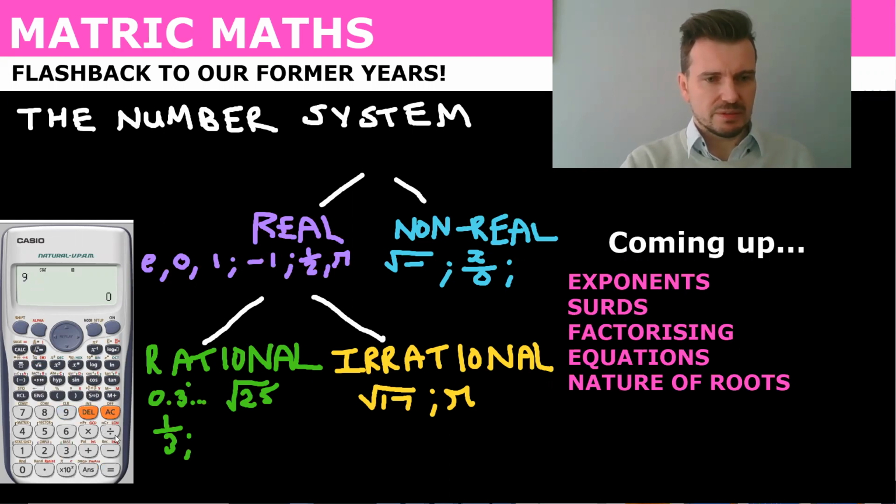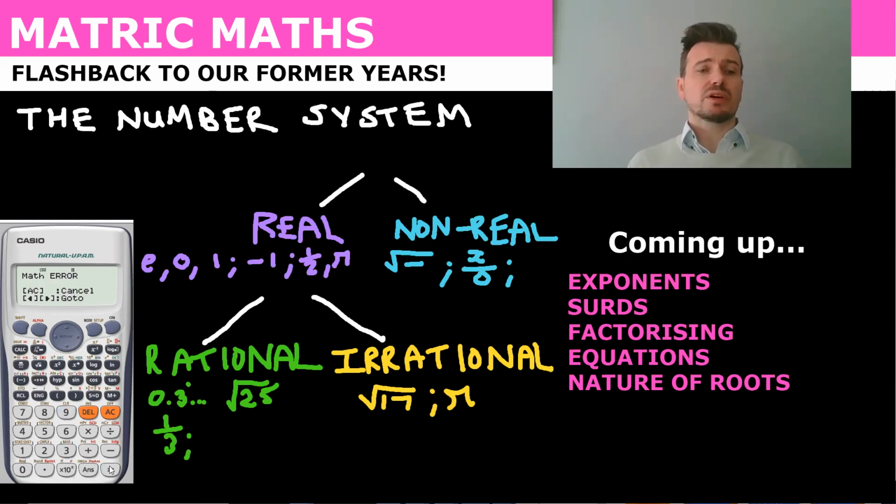And 9 divided by 0 is equal to math error. The other thing I will be going over is the Casio calculator work. Some of you have the silver calculator. I've got the computer version of the other calculator, which I'll use. I just like to use this one because I think the numbers show up a bit better in the videos.